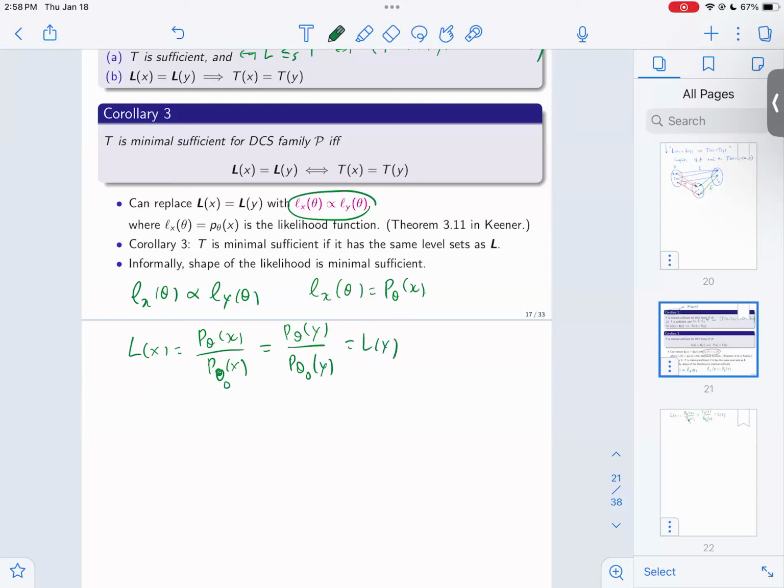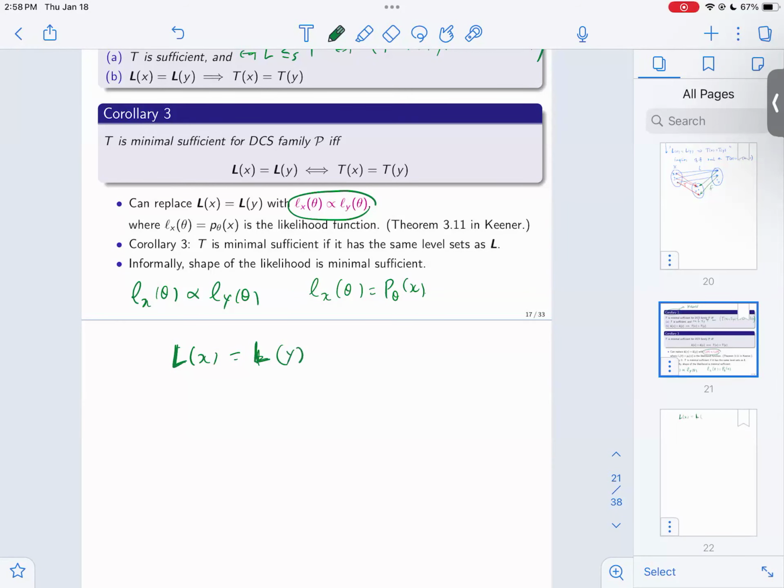So this condition, Lx equals Ly, is just their definition. This is equivalent to saying that P theta of X can be written as... sorry, let's do this better. So this is the entire thing. Lx is all the coordinates.